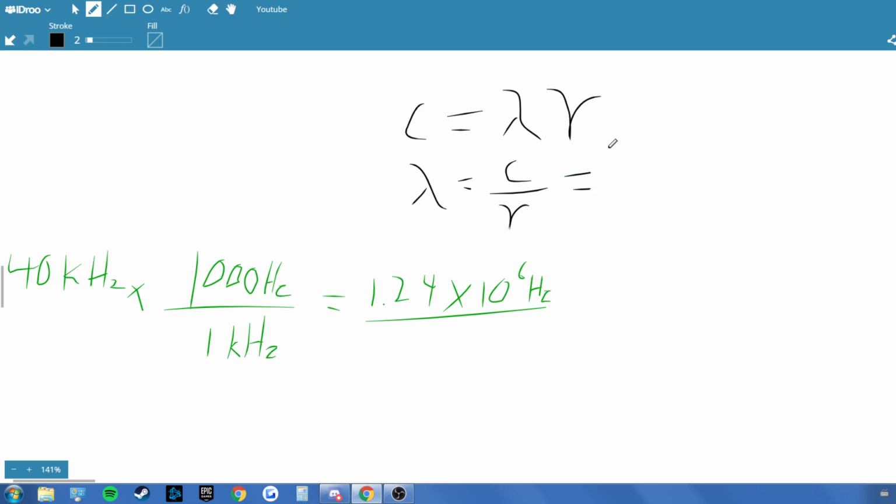c is the speed of light, which is 3.00 times 10 exponent 8 meters per second, divided by the frequency, which we just did here, 1.24 times 10 exponent 6 hertz.